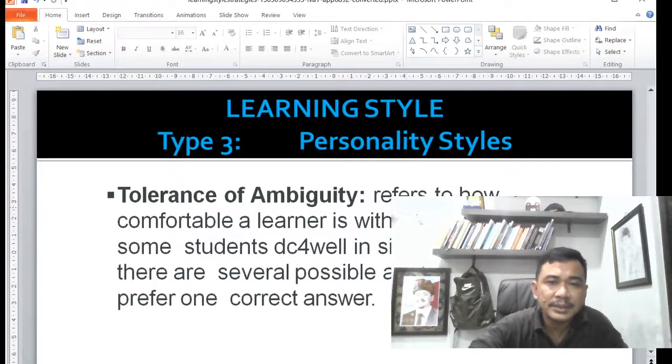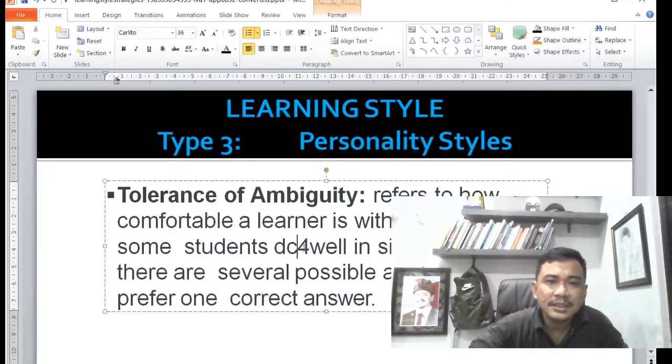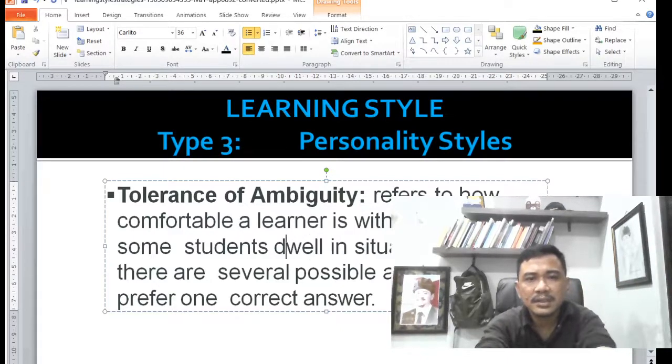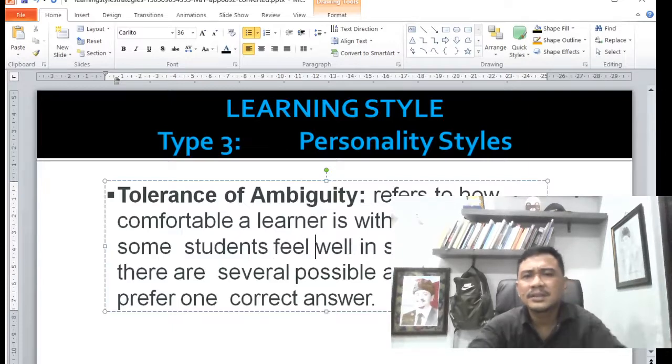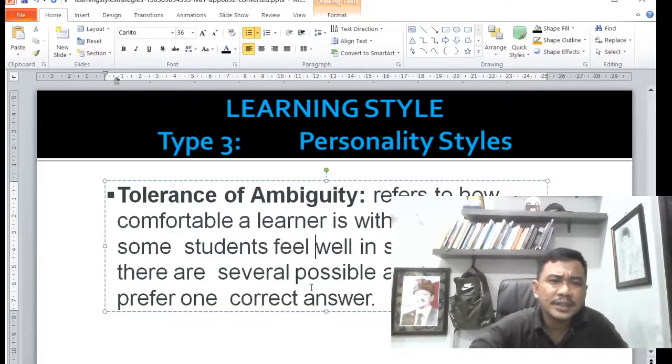Next, personality style, type three. Tolerance of ambiguity refers to how comfortable a learner is with uncertainty. Some students feel well in situations where there are several possible answers.